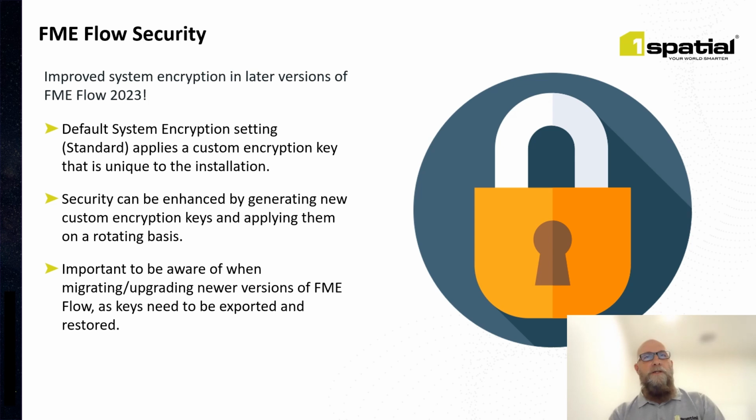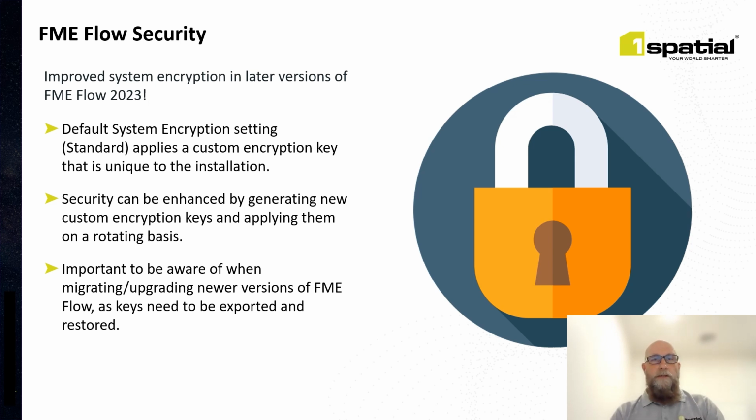The final topic under security, which I'm going to talk about today, is FME Flow security as a whole. FME Flow security has improved system encryption in all the latest versions of FME Flow from 2023. The default system encryption setting, the standard one, applies a custom encryption key that is unique to the installation.